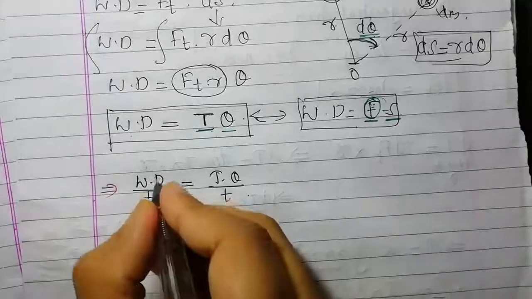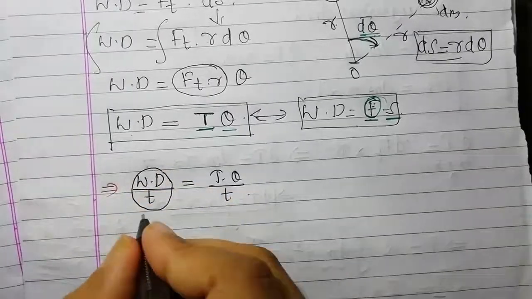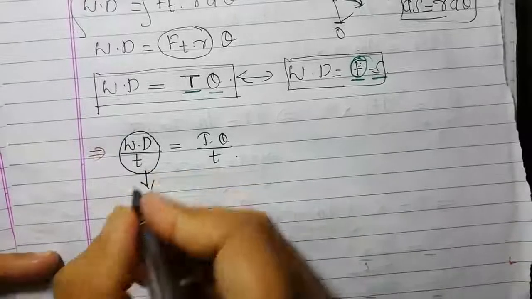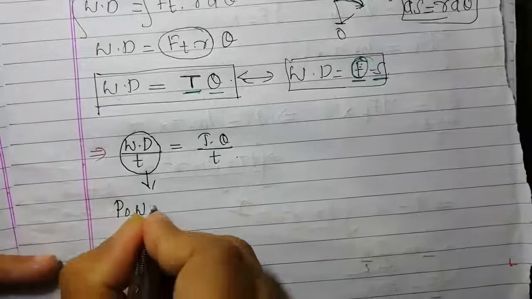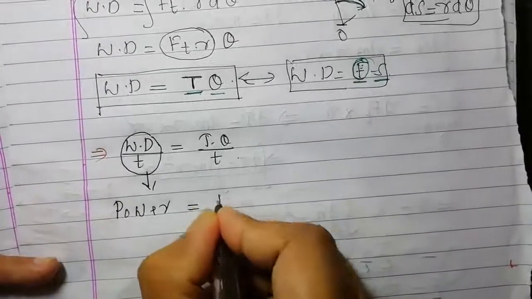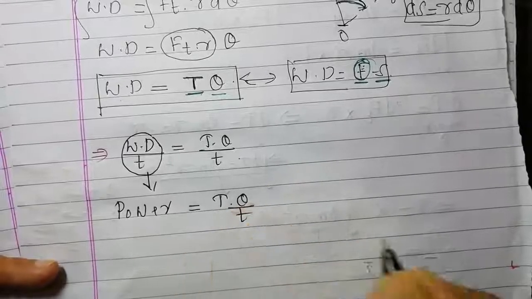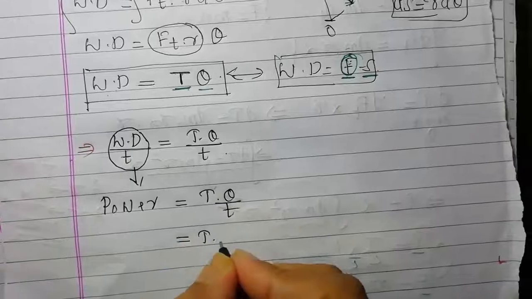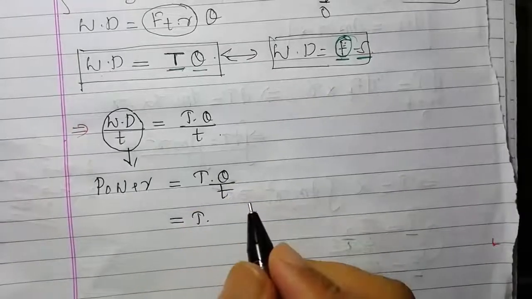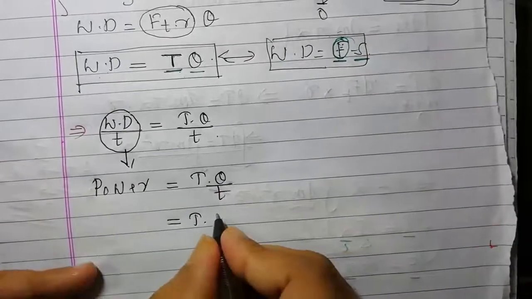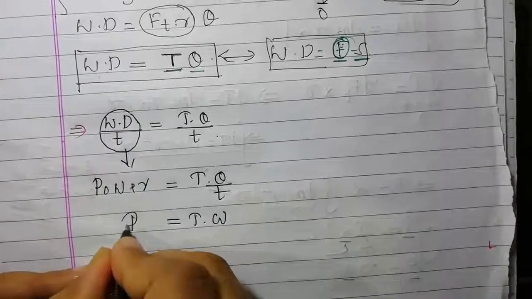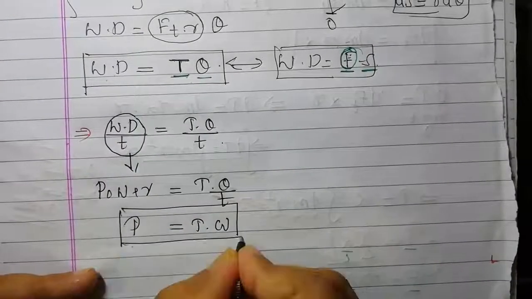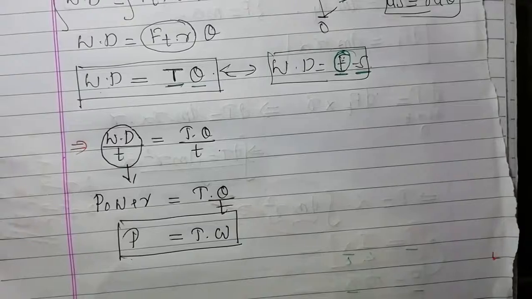Okay, the rate of change of work done, or work done per unit time, is known as power. Power is equal to T into theta by t. What is theta by t? Theta by t is nothing but angular velocity omega. So power is equal to T omega. Okay, P is equal to T omega.